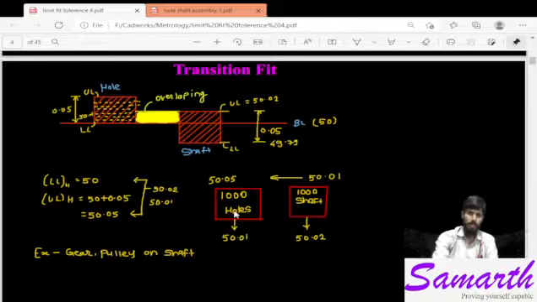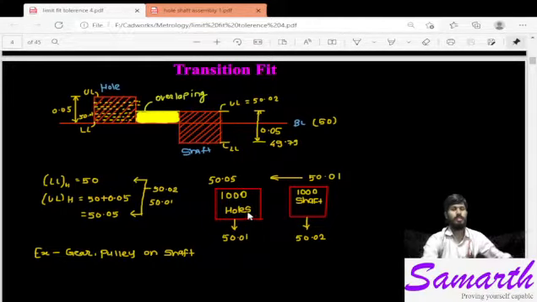Now, same example, if 1000 holes have dimension between 50.01 to 50.05, that means this much is the variation in the different holes once it is manufactured. Let us say we have given an order to another company, and we have mentioned that this much is the tolerance which we will tolerate, except that if there is any deviation, we will not accept such part.